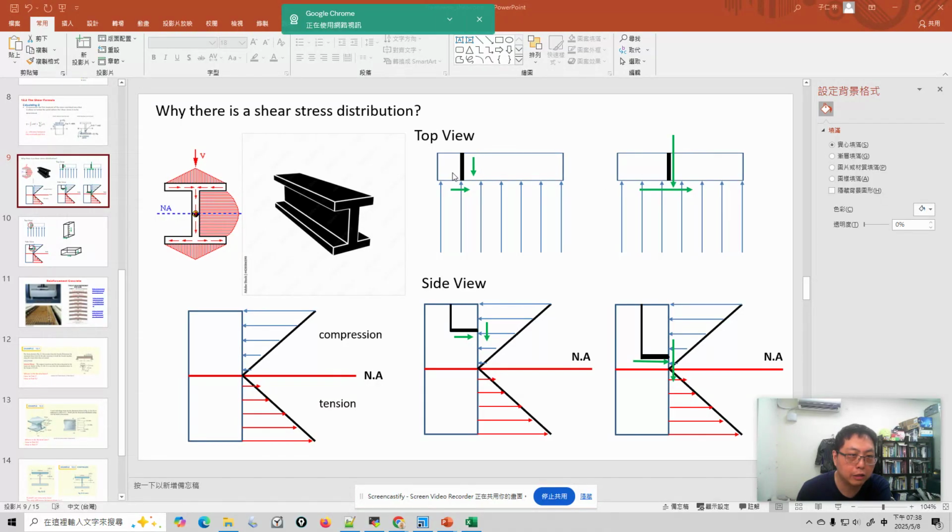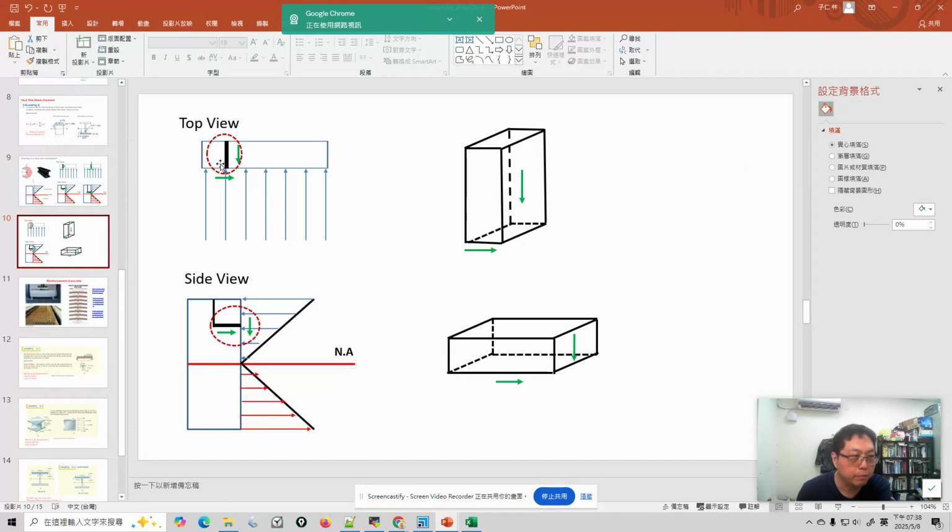In this updated slide, I make the bold line here. When we want to analyze the shear force balance, we look at this bold part, and this bold part is hard to imagine in 2D, so I make a 3D picture here.